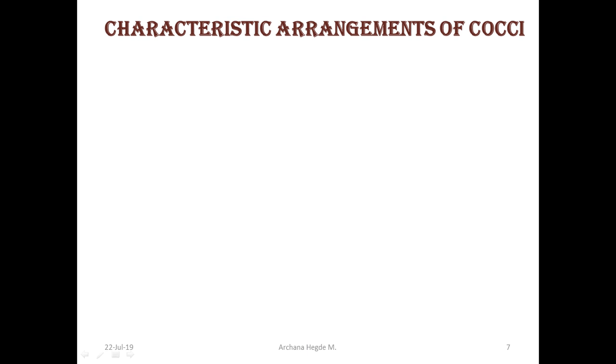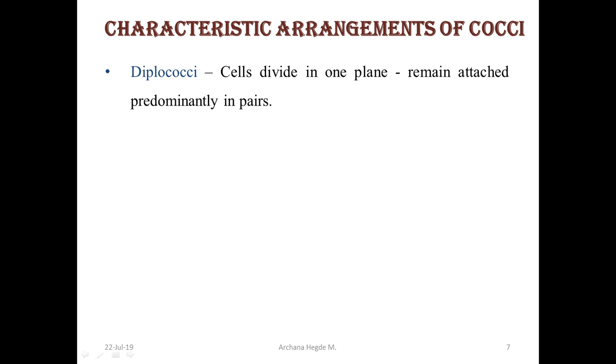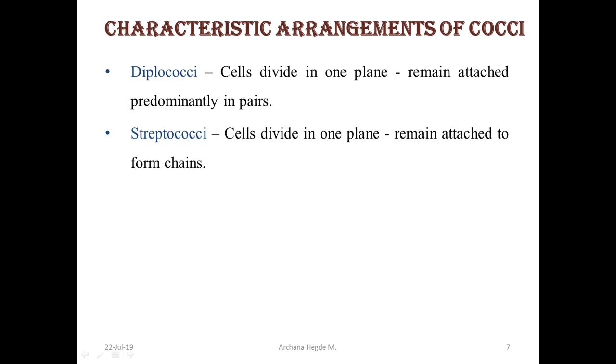Coming to the next, characteristic arrangements of cocci. Diplococci are cells divided in one plane, remaining attached predominantly in pairs. Streptococci are cells divided in one plane, remaining attached to form chains.